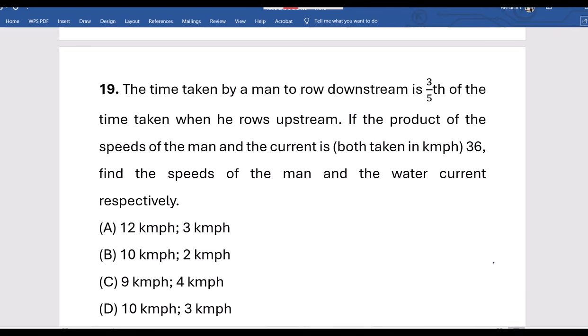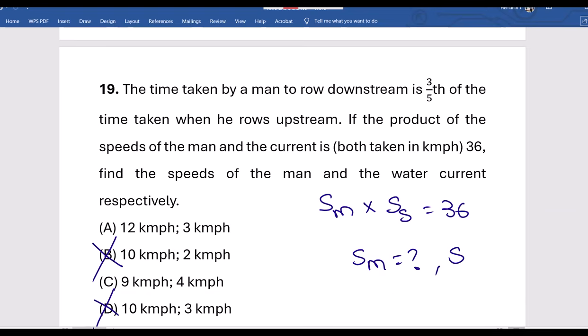So this is a blunder: B and D are eliminated. Why? In the question, the speed of the man multiplied by the speed of the current, the speed of the stream, should equal 36. So 10 into 2 is 20, 10 into 3 is 30, not correct.